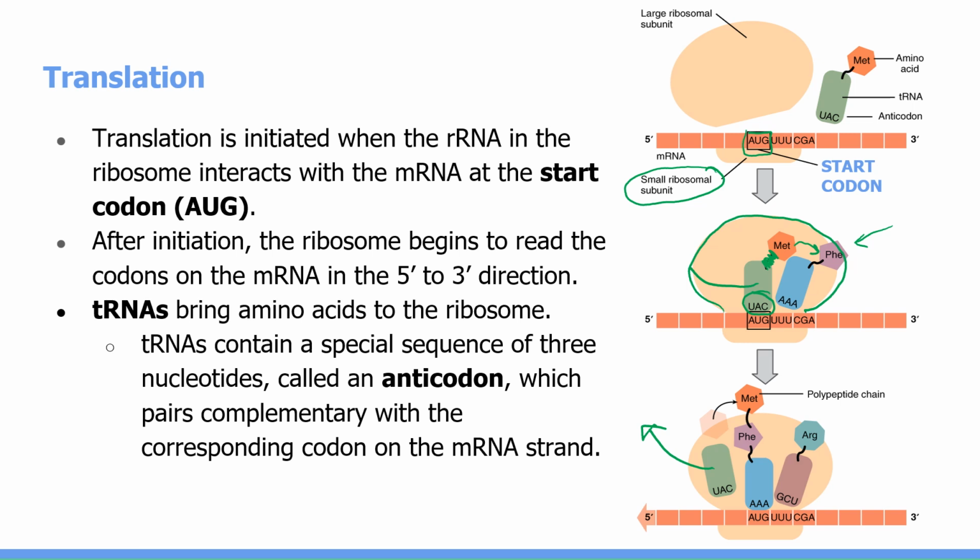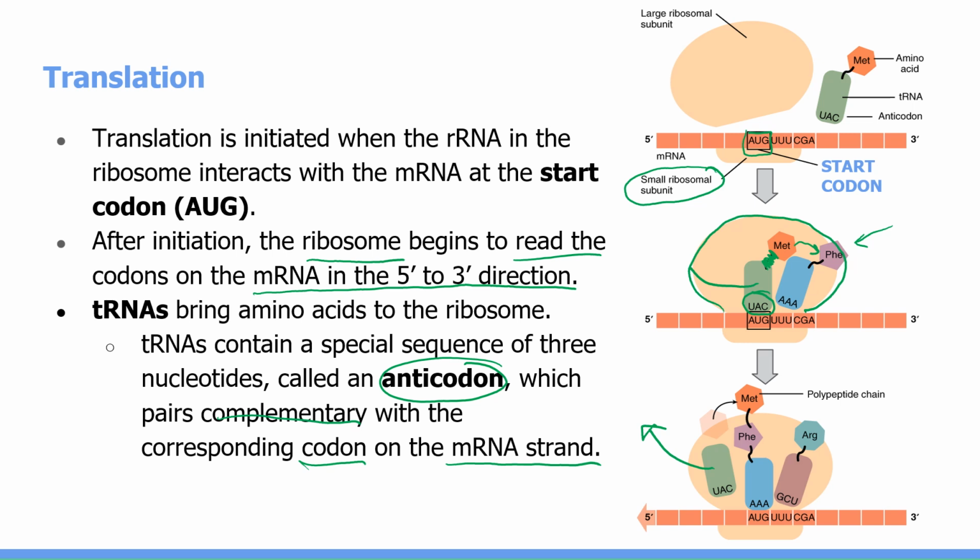So we have the ribosome reading in the 5' to 3' direction. Okay? Then the tRNAs have the anticodon that's complementary to the codon on the mRNA strand. And so we see that there, complementary.